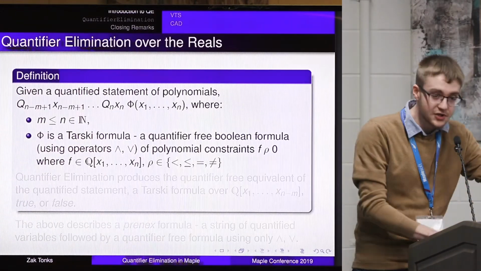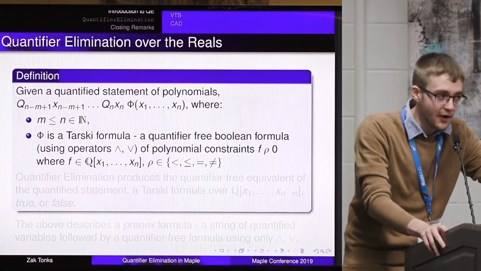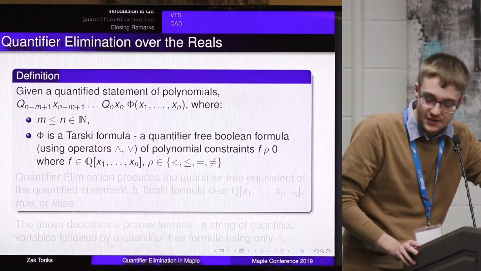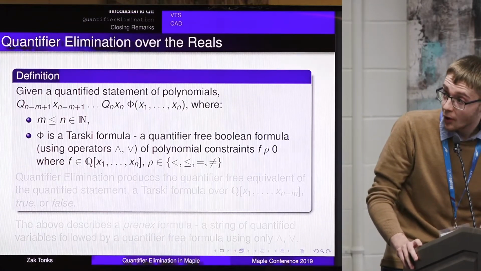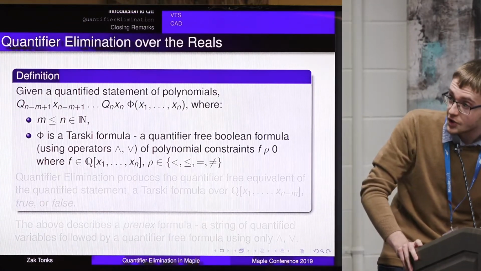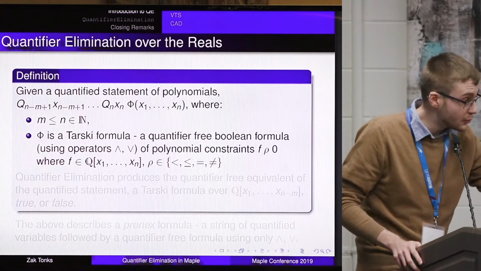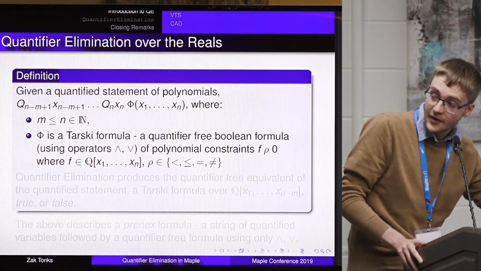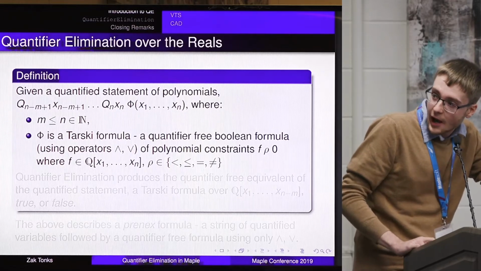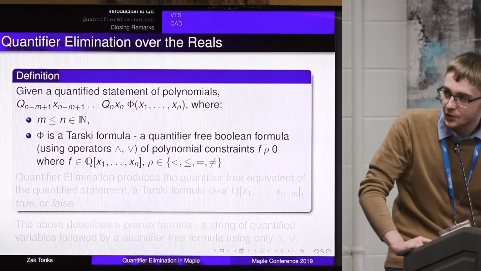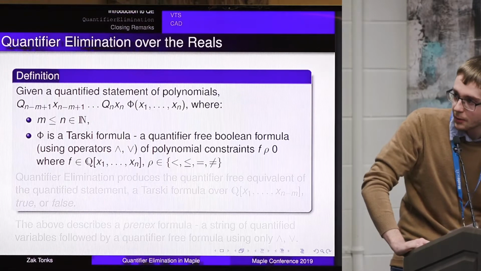Quantifier elimination hasn't been explicitly talked about so far. We've seen a lot of CAD, but this is really one of the main reasons to do CAD. If you have a quantified statement of polynomials, you've got a string of quantifiers, I have m of them, and then a formula over x1 to xn, so you've got n variables. You've got at most as many quantifiers as variables.